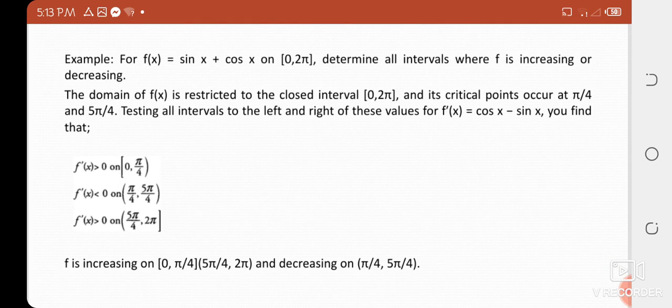So we have another example here. For f of x equals sine x plus cos x on [0, 2 pi], determine all intervals on which f is increasing or decreasing.